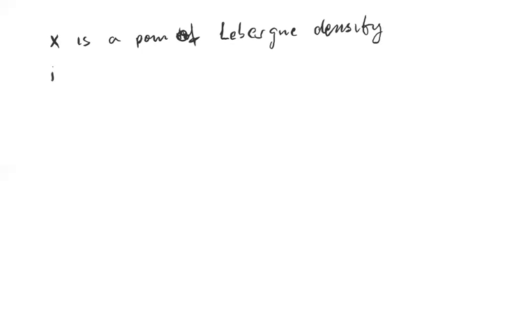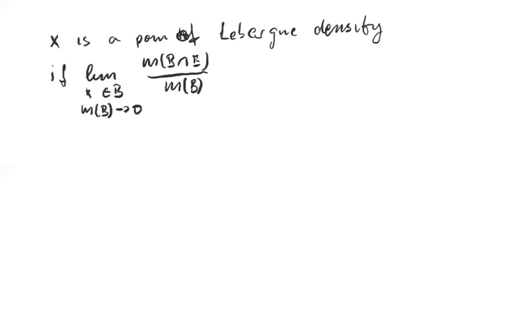So the definition is just similar. x is a point of Lebesgue density if the limit, as the measure of B goes to 0 with x in B, of the measure of B intersected with E over the measure of the ball, is equal to 1.